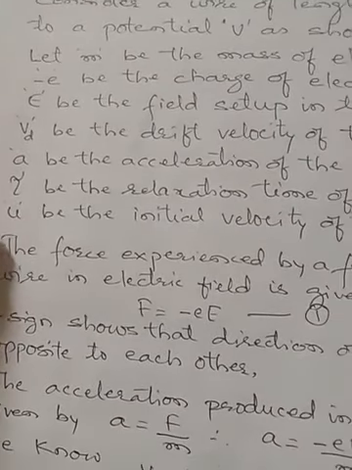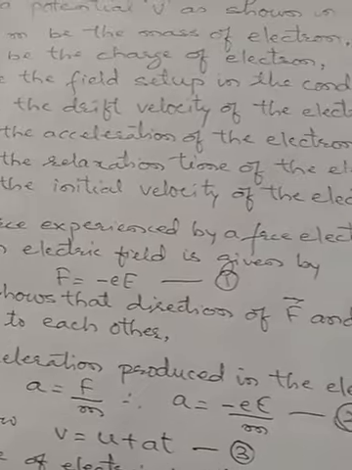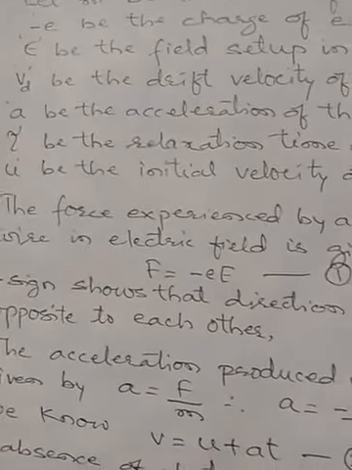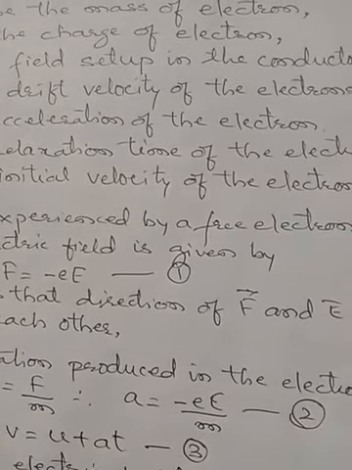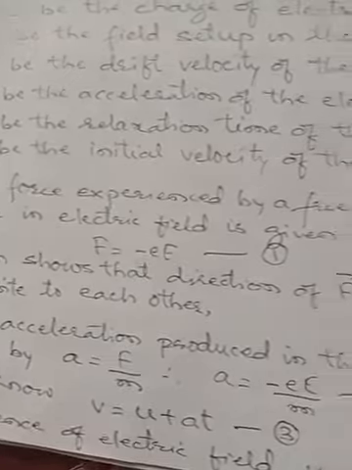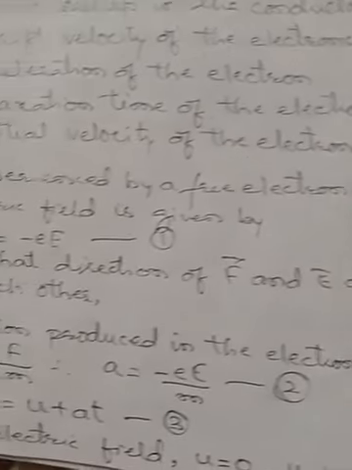Then the force experienced by free electrons in the wire in electric field is given by F is equal to minus eE. Negative sign shows that direction of force and electric field are in opposite direction to each other.